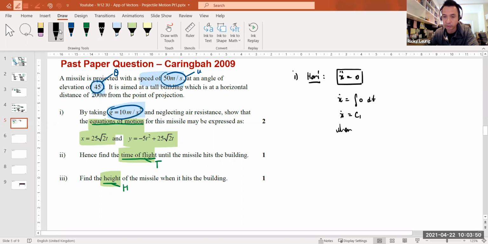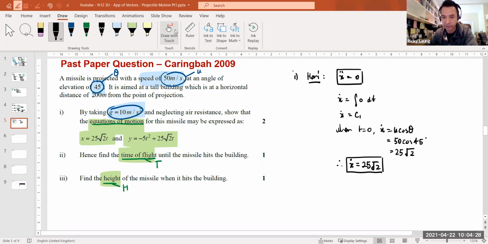And when t equals 0, well, I know horizontally the formula there is u cos theta. So in this case, it's u, which is 50 cos 45. Guys, cos 45 is 1 on root 2 or root 2 on 2, so that's going to be 25 root 2 as an exact value. Is that okay? So therefore, horizontally is 25 root 2 as a constant.